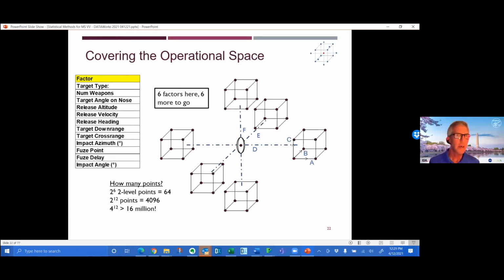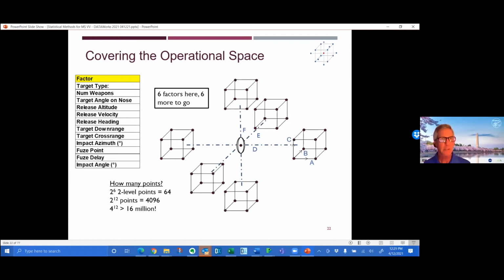Okay. One example, this is from small diameter bomb, but we'll talk about this case in just a minute. Say we've got 12 factors and we want to cover some big space for each one of the factors. Potentially, sometimes maybe not. If a target type, there's only 2 target types, so we're good to go. But if we have more than that, boy, we're going to start growing the operational space.